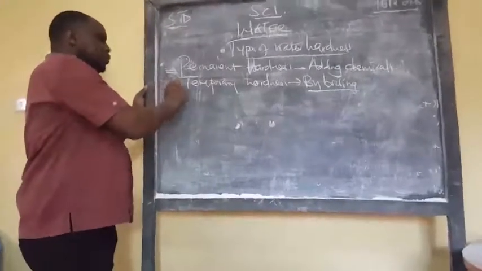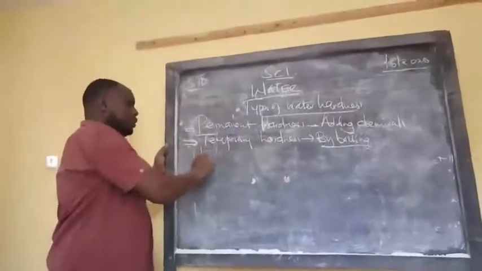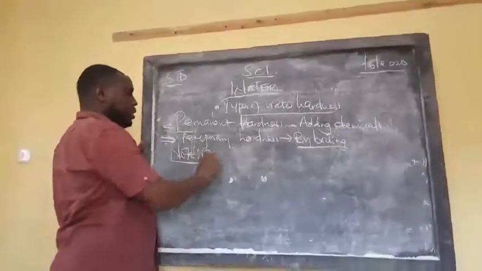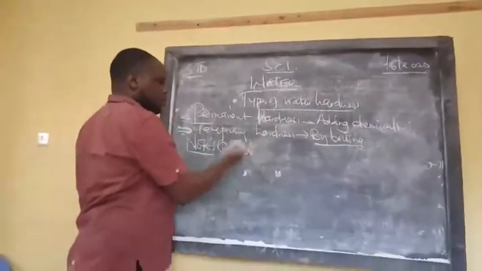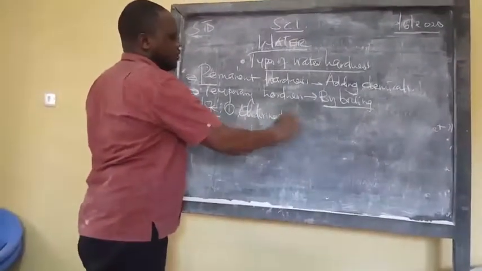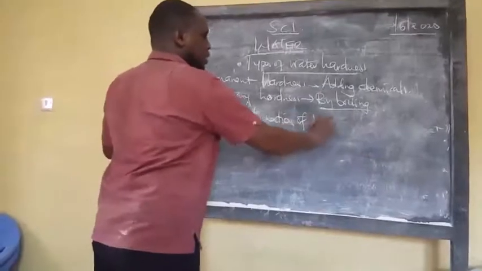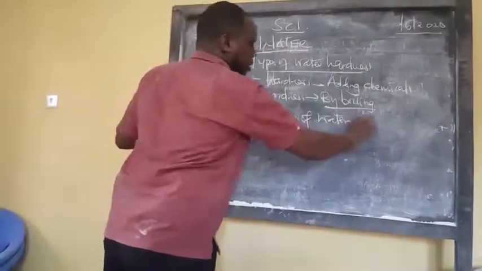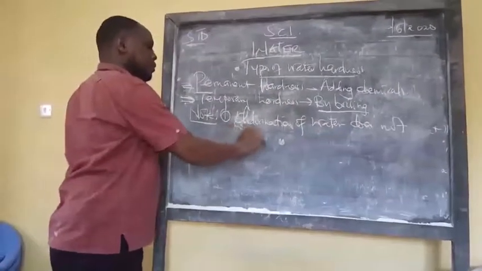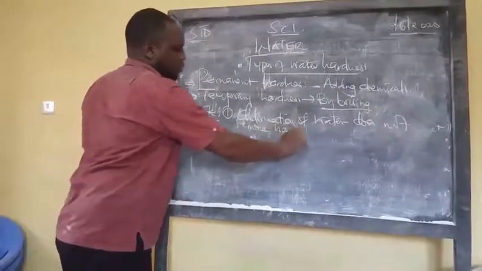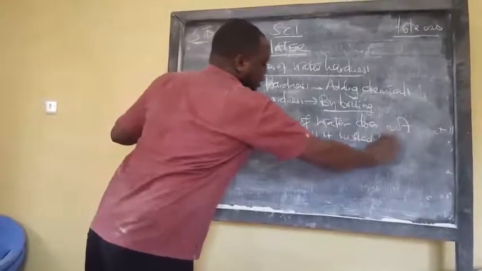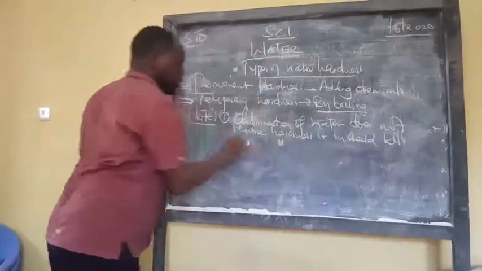I want you to take note. I'm going to give a few notes here. Number one, addition of chlorine or chlorination of water, that is adding chlorine to water, does not remove hardness. It instead kills germs in the water.